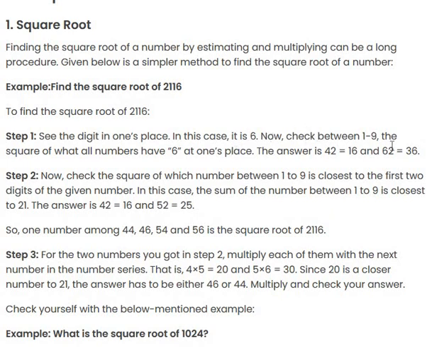Now check between 1 to 9, the square of what numbers have 6 at ones place. The answer is 4 squared is equal to 16, and 6 squared is equal to 36. Step 2. Now check the square of which number between 1 to 9 is closest to the first two digits of the given number.